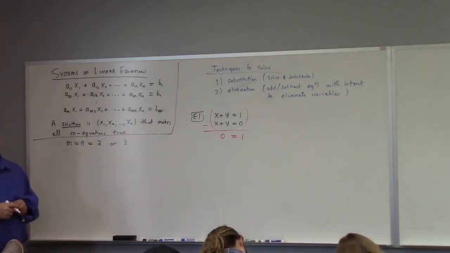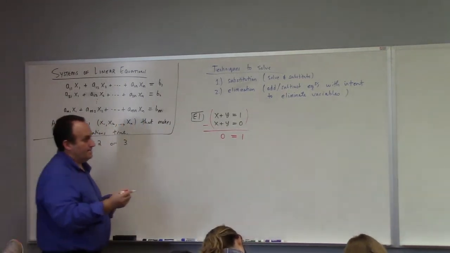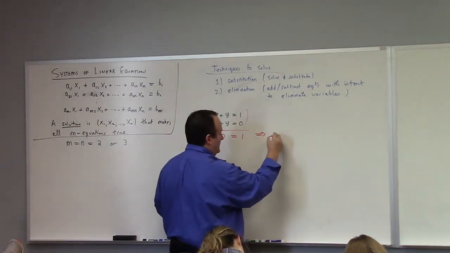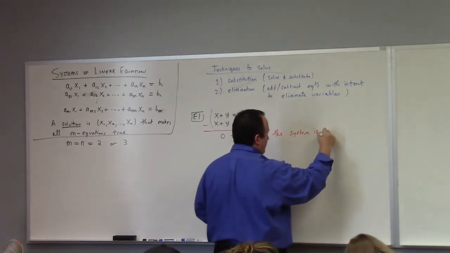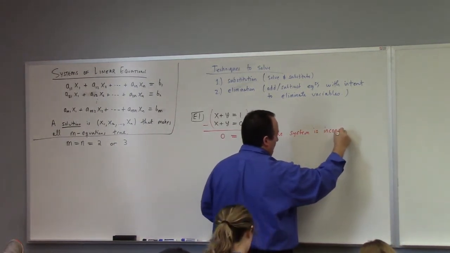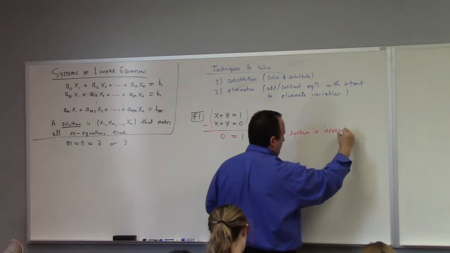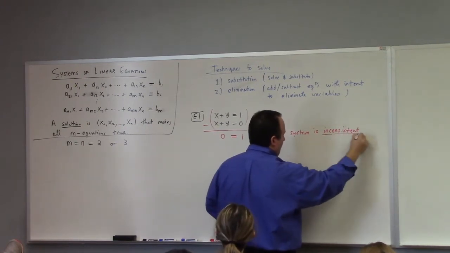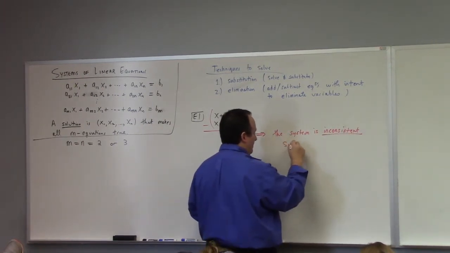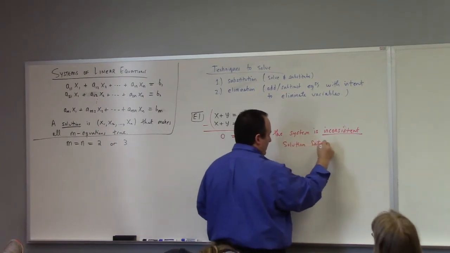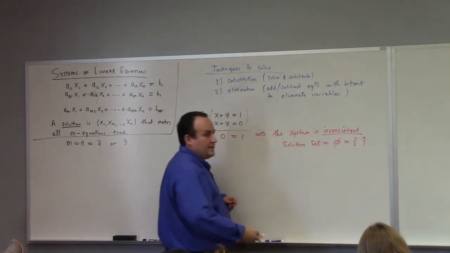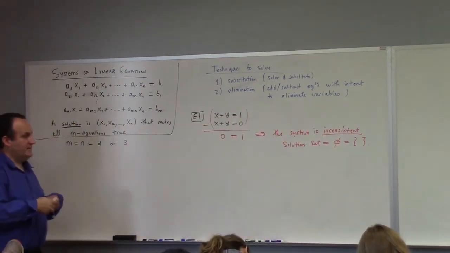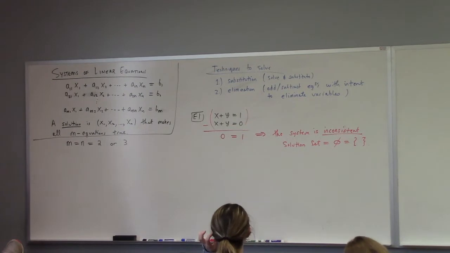So what's the answer here? This implies the system is inconsistent. The solution set is the empty set, the set containing no elements. We talked about it last class: if you were to graph this, they would be parallel lines. There's no point of intersection.